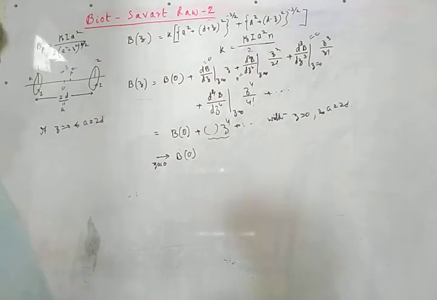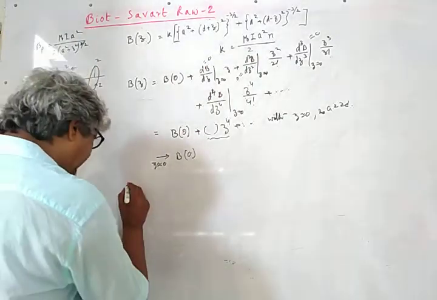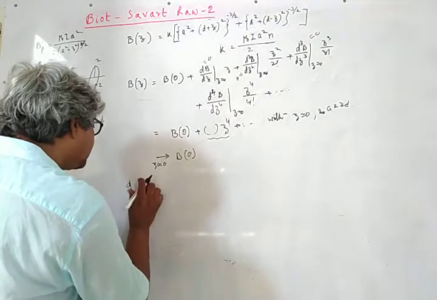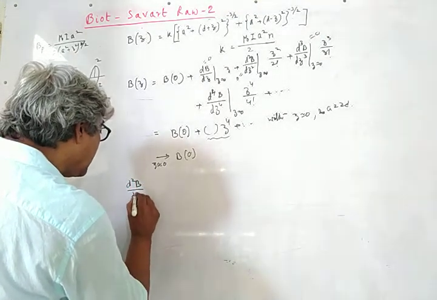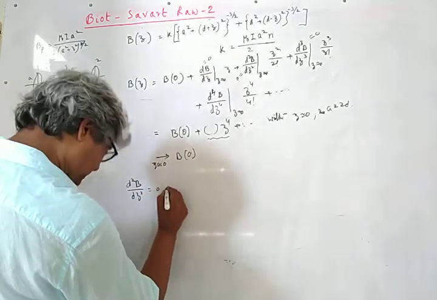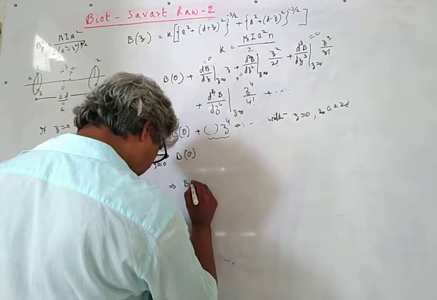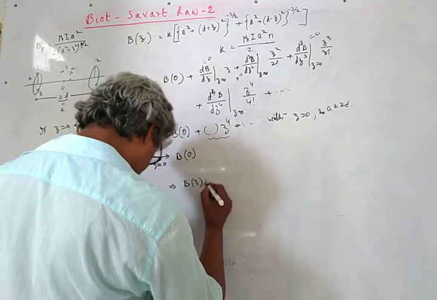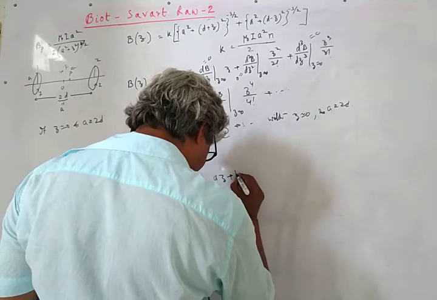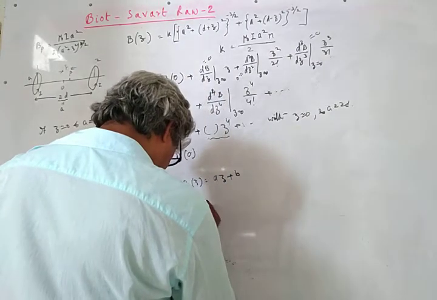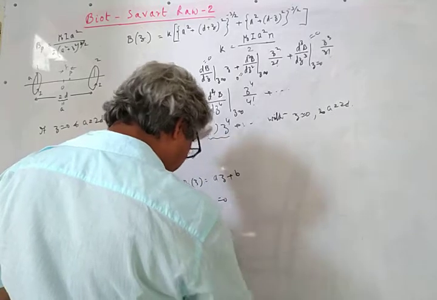Another way of arriving at the result is that if the first and second derivatives of the field are 0, this leaves you B as a function of z equal to Az plus B, with dB/dz equal to A equal to 0.